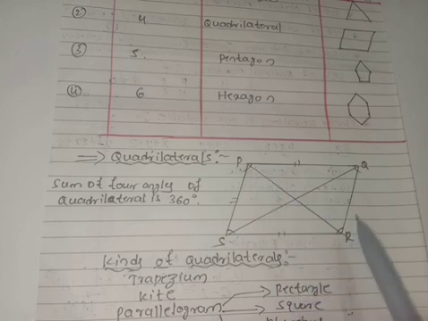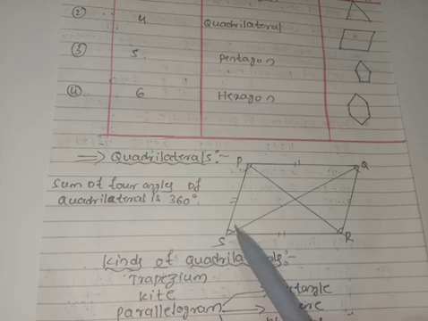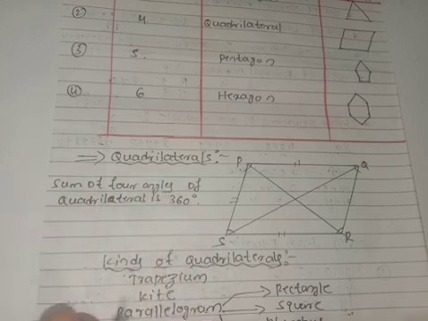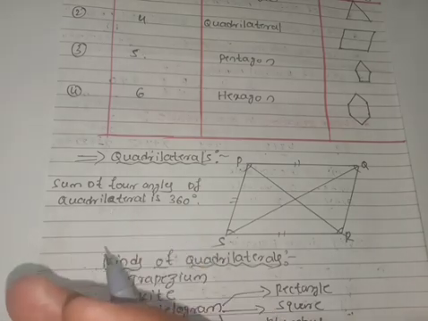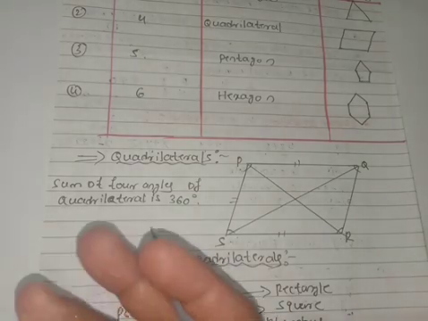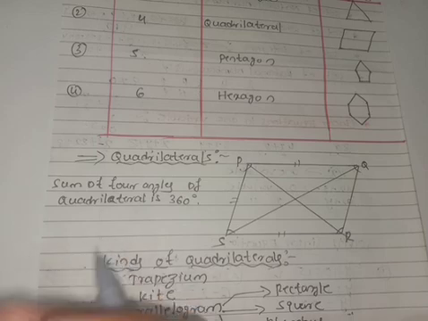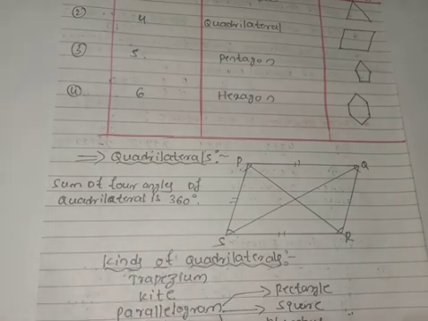Opposite angles are equal. So a polygon having 4 vertices, means 4 sides, is called what here? Quadrilateral. Simply, a quadrilateral is a polygon having 4 vertices, means 4 sides.